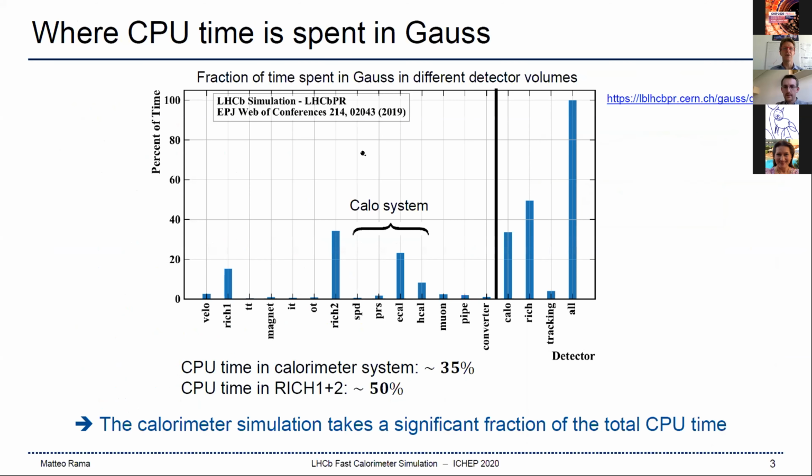In this plot you can see how the CPU time per event is spent as a function of the different subsystems. The calorimeter and the RICH detectors dominate, taking about 85% together, and the calorimeter takes about 35%, so it is a good place to start developing a faster detector simulation at the hit level.